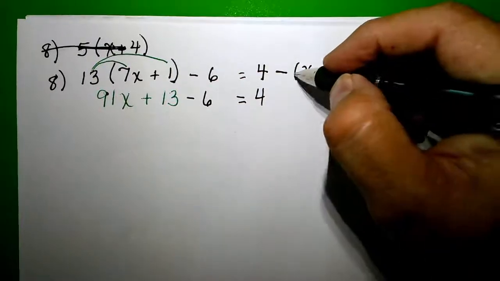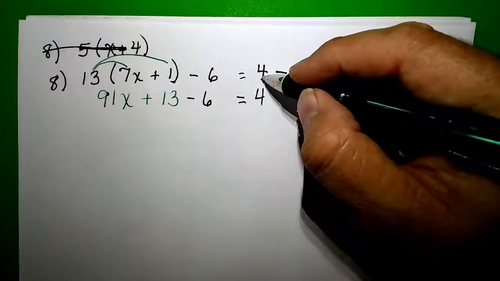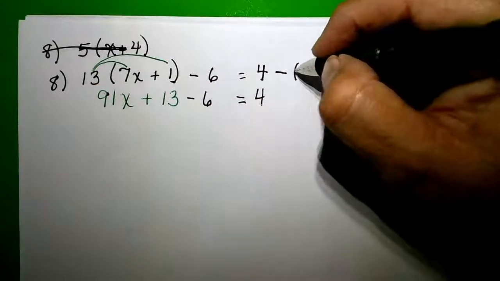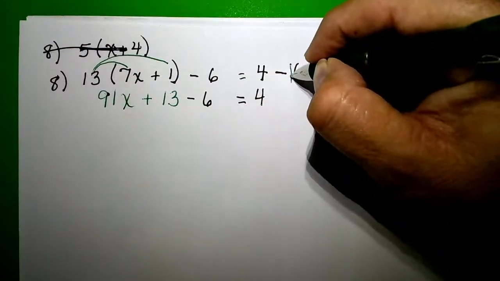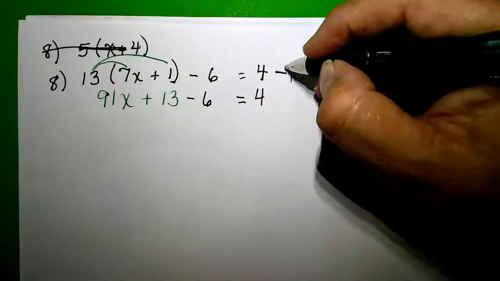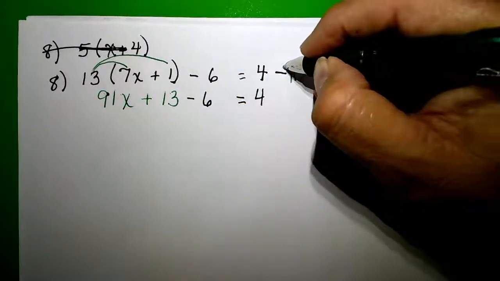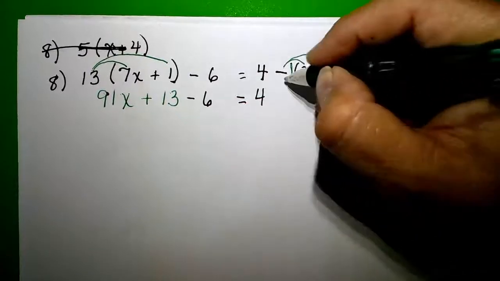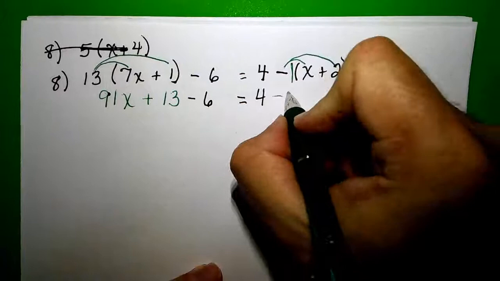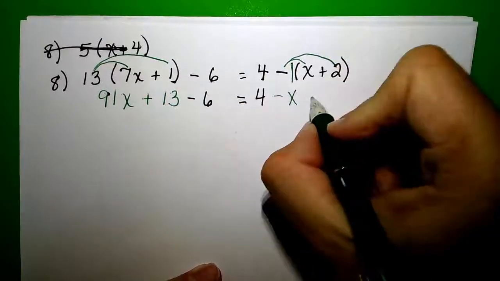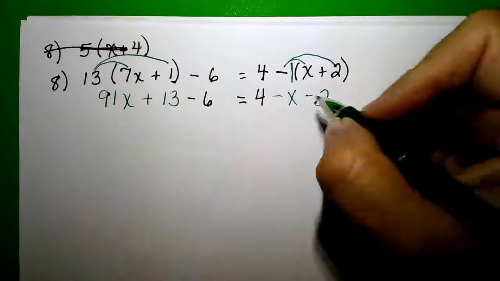To get rid of these parentheses, you're not distributing that 4. The number that's right there in front of these parentheses is just a 1. Okay? You're going to distribute a negative 1, or if you just want to say you're distributing a negative, all that's going to do is change the signs. So we have a minus x and a minus 2.